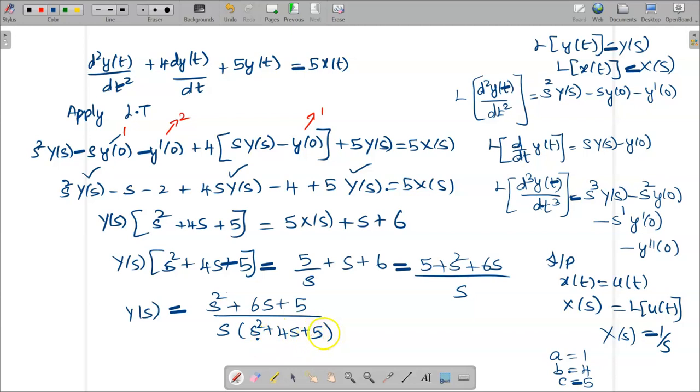It is complex roots, so you have to write it as Bs plus C. Okay. So since you are getting complex roots for the second term, I can apply the partial fraction as A by s. Okay. Second term it is Bs plus C divided by s square plus 4s plus 5. Okay. So once you have done this, then we can proceed with the partial fraction.